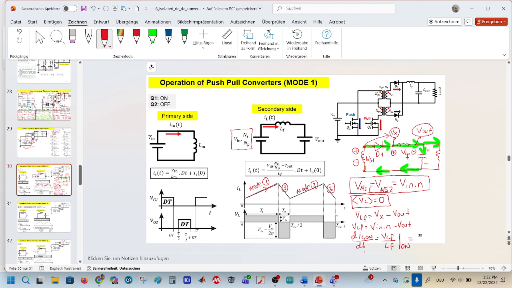We switch between them: 1, 3, 2, 3, 1, 3, 2, 3, etc. And input voltage times N minus output voltage divided by filter inductance, times dTs, this is the time of the period.